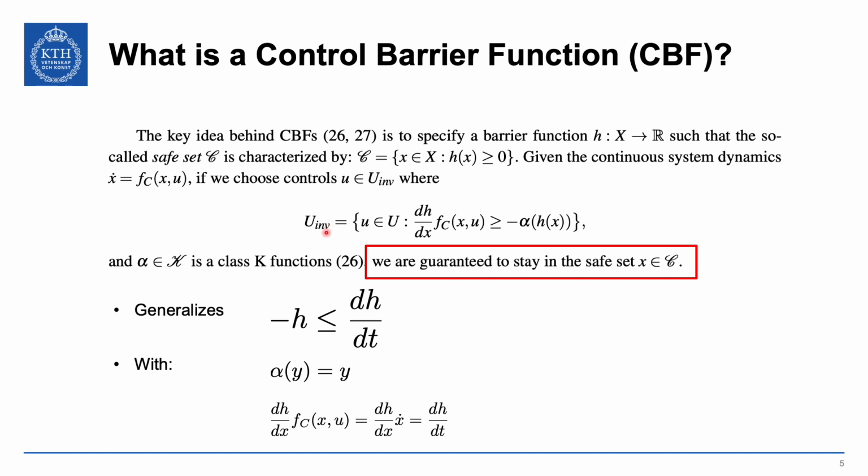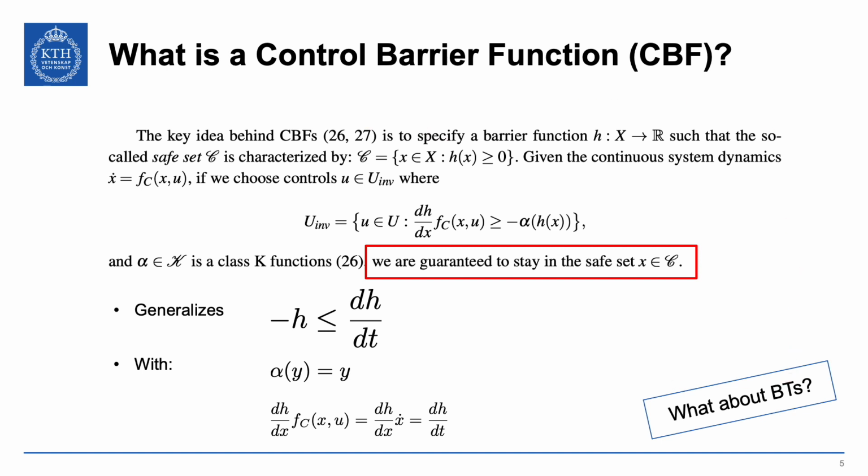And then this set might be empty, so you need to design your control barrier function wisely, and it's actually related to something called control Lyapunov functions up here, but we're not going to get into those details now.